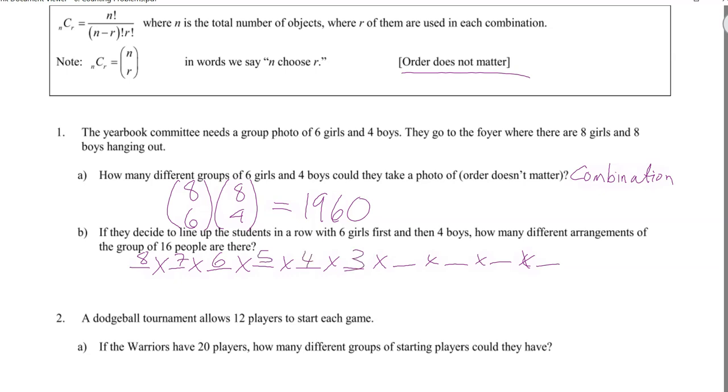And then for the 4 boys, we have 8 choices, then 7, then 6, then 5.